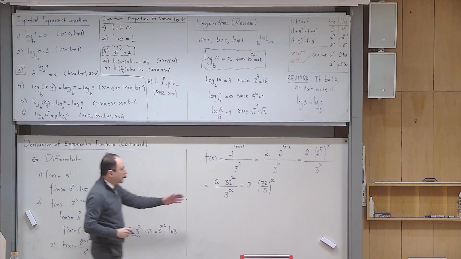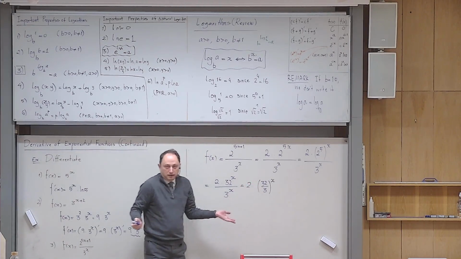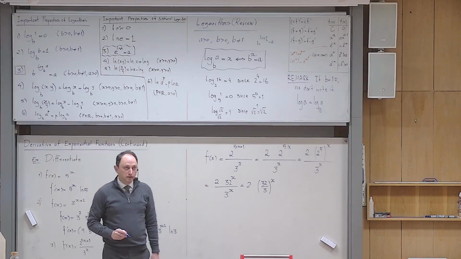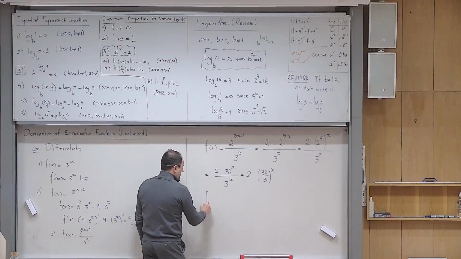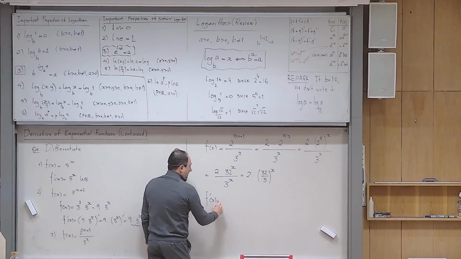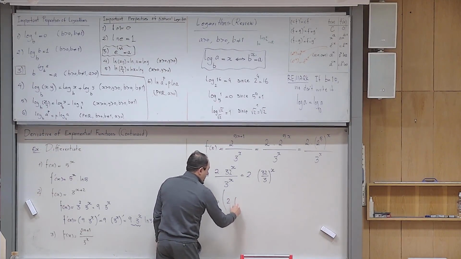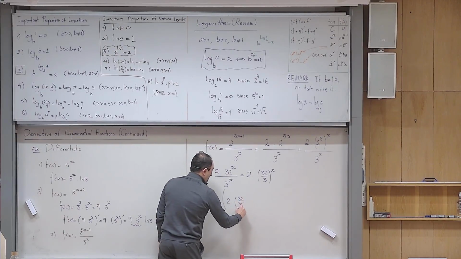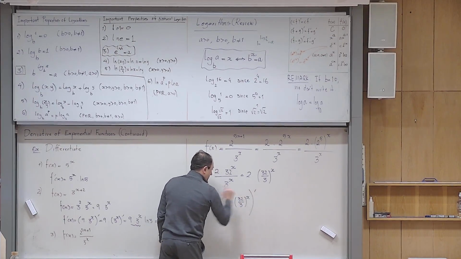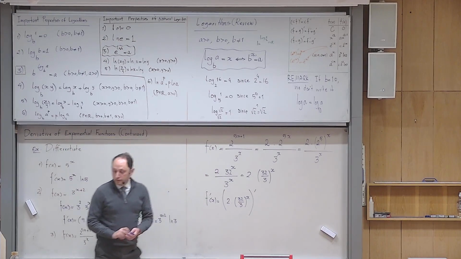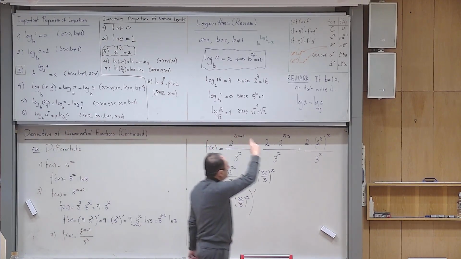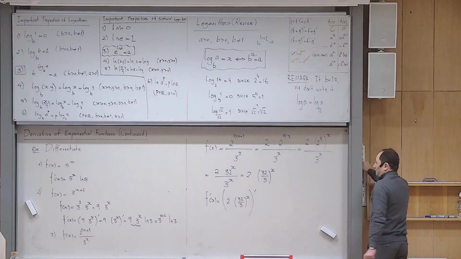And now this fraction plays the role of a. Yes? Because, so let me just tell you what to do. So if I want to differentiate that, what do I mean? I mean differentiate this. This is what we mean. But this, I have to use the first rule. Yes, that rule up there.